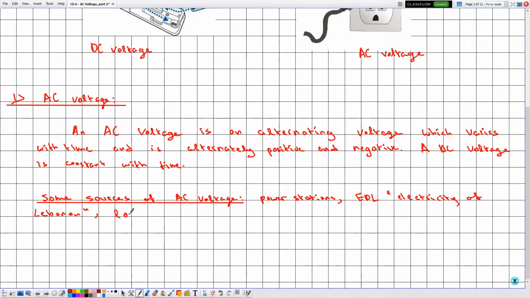Also, we have low frequency generators. We have the alternator of a bicycle.